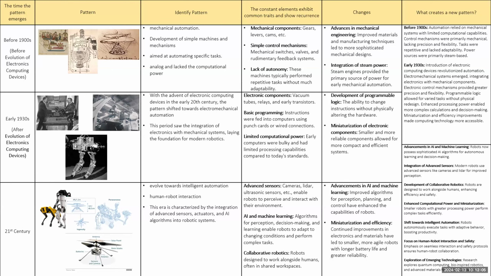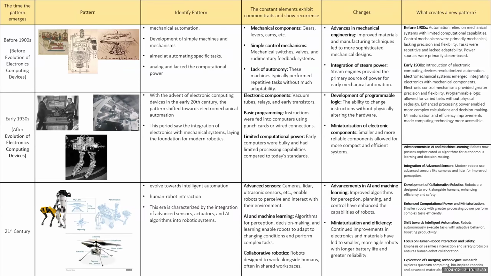So basically, what creates a new pattern in this century is that we developed a lot of AI-based robotic systems, like machine learning robotic systems or deep learning, etc. We also created new sensors. Back in the day, there were very few sensors; we could work with huge ultrasonic sensors or things like that.